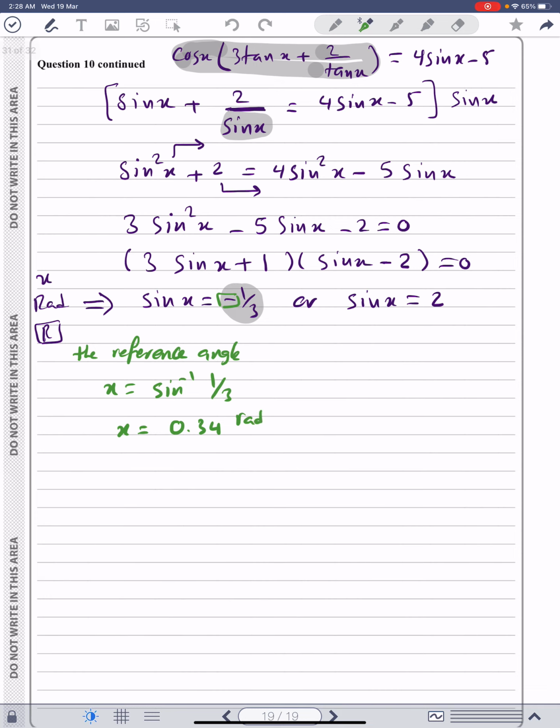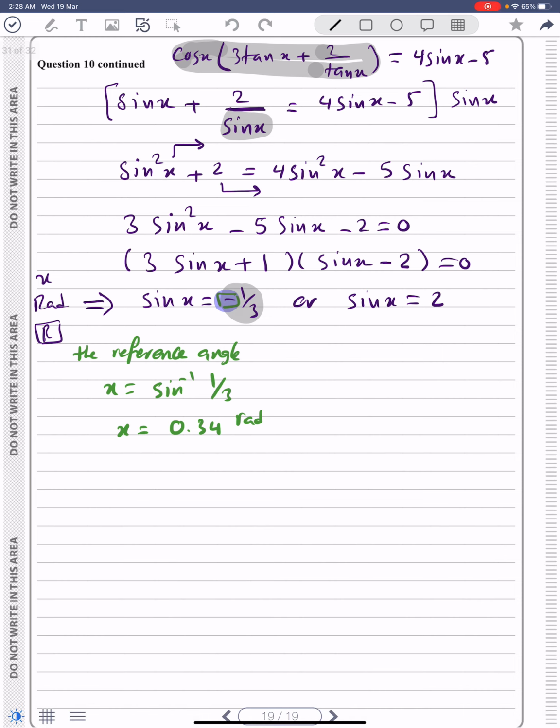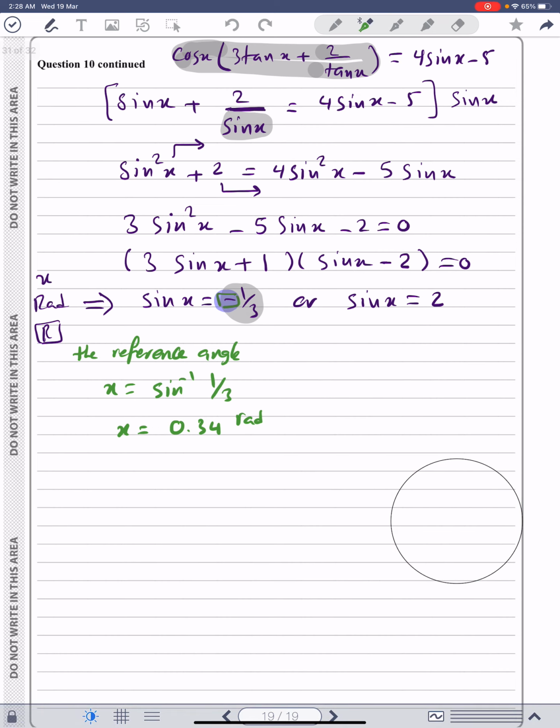Now, since sine is negative, where is the solution? Remember CAST. Remember here that the unit circle has 4 quadrants.